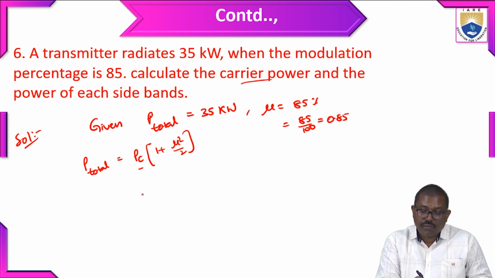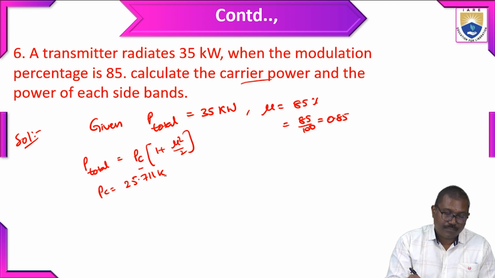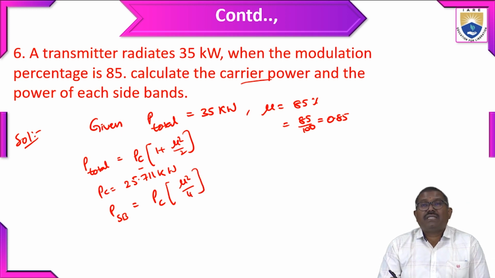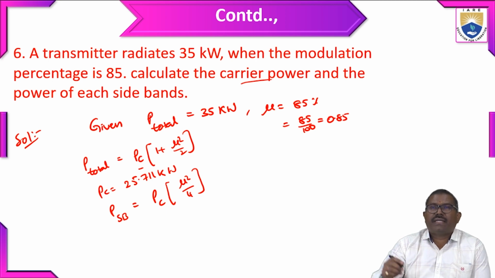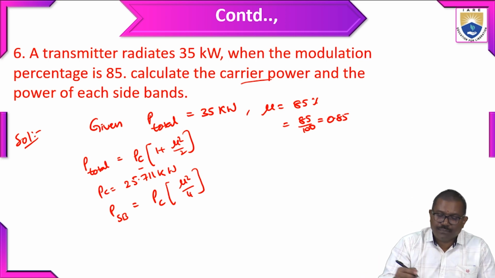Pc is done, so Pc is 25.71 kW. The power for the sidebands is Pc into mu squared by 4. So this is the formula for the sideband power. They asked to calculate the carrier power and the power of each sideband, so the formula for the sideband power is Pc into mu squared by 4. We know the Pc value. So what is the Pc value?